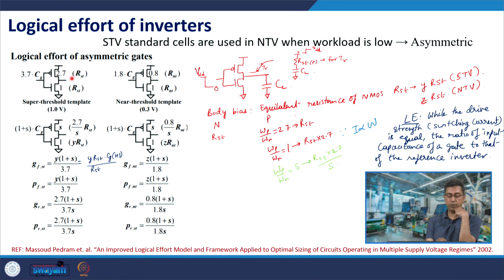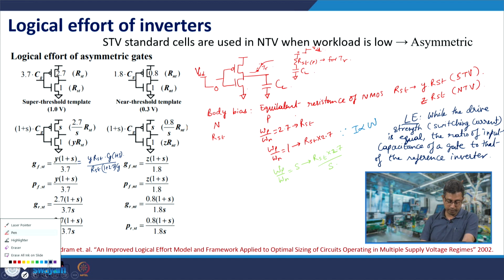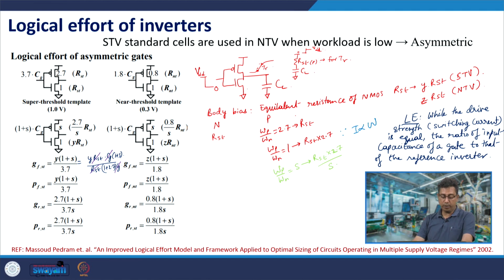So, if this inverter is driving a similar inverter, the capacitance seen would be 1 plus 2.7 Cg. Okay. So, now you cancel out the terms: Cg is gone, likewise RST is also gone. That is how you get Y into 1 plus S divided by 3.7.